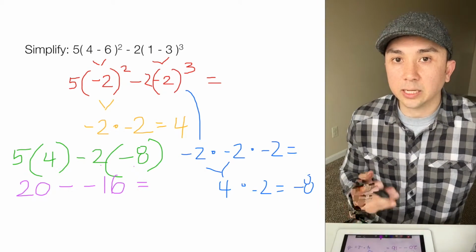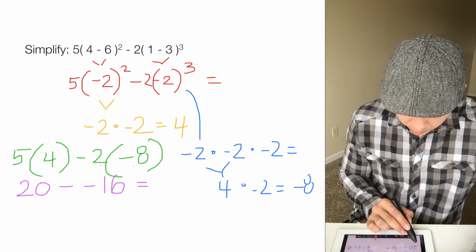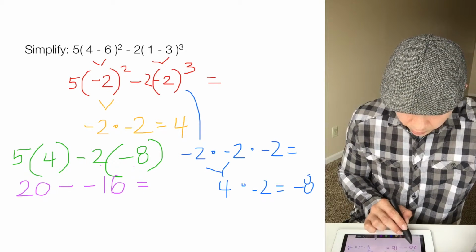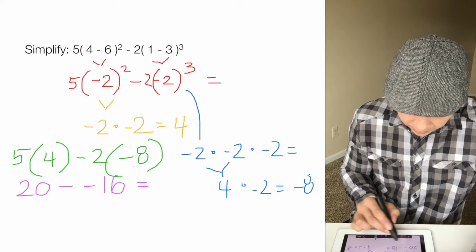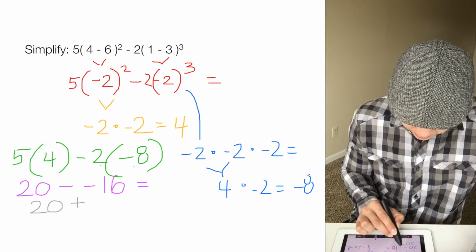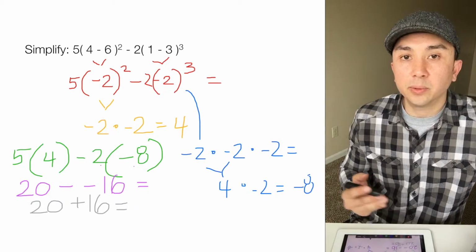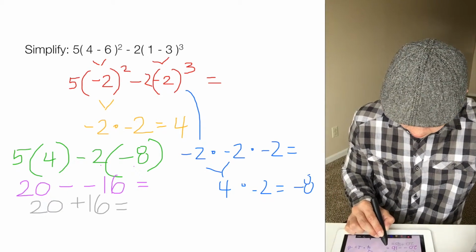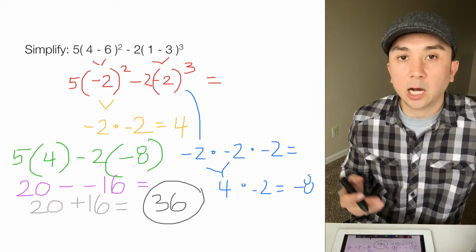So now we're going to do addition or subtraction. So now we can rewrite this as 20 minus negative 16 as 20 plus 16. And we know that 20 plus 16 is 36. So that's our answer.